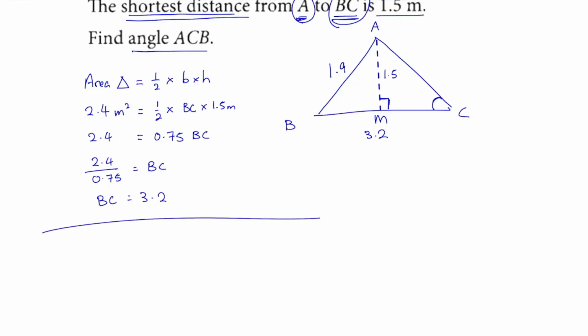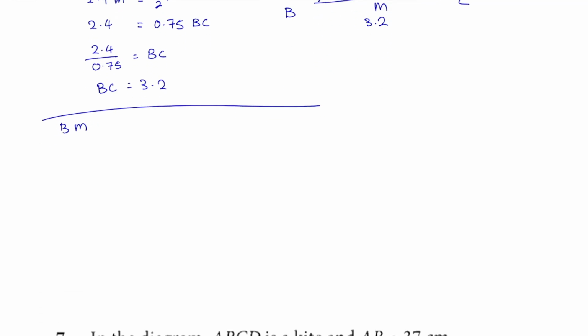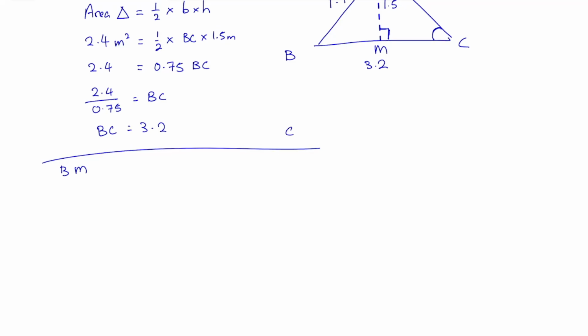To find BM, since I have this line and this line already, I can use Pythagoras theorem to find BM, because BM square plus AM square equals to AB square. So it is basically this formula: C square equals to A square plus B square.